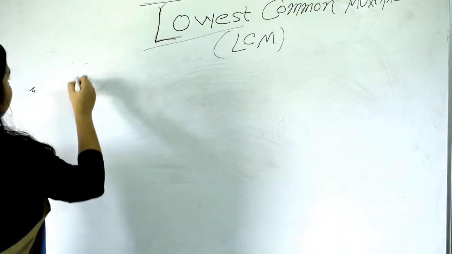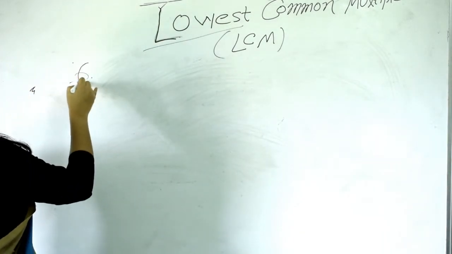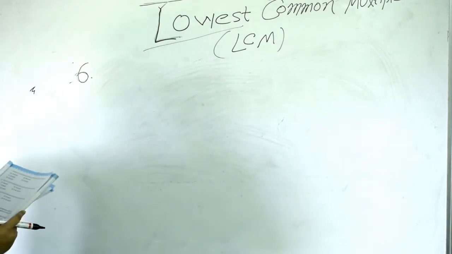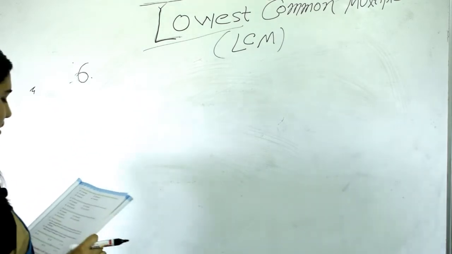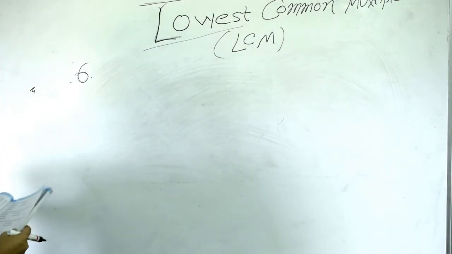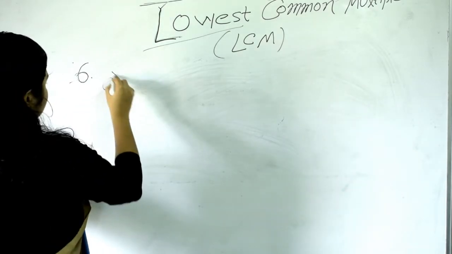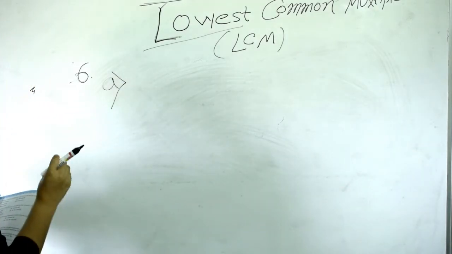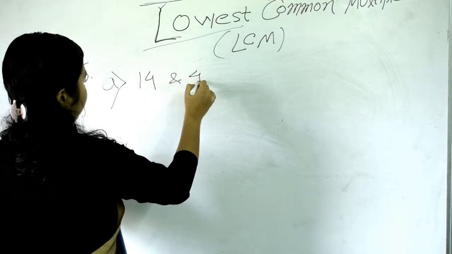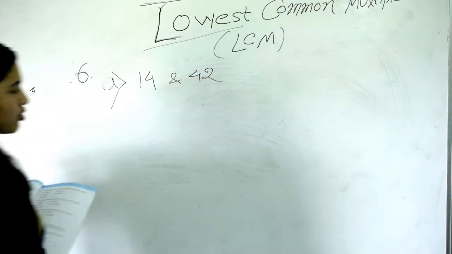Next, question number 6. Find the LCM of the following numbers by common division method. Take first question, 14 and 42.